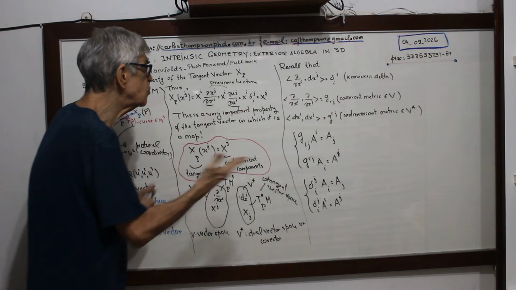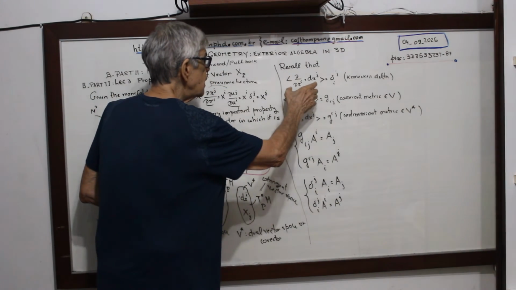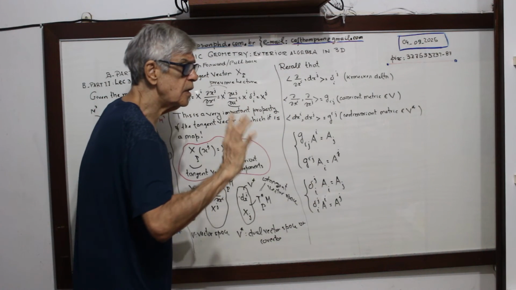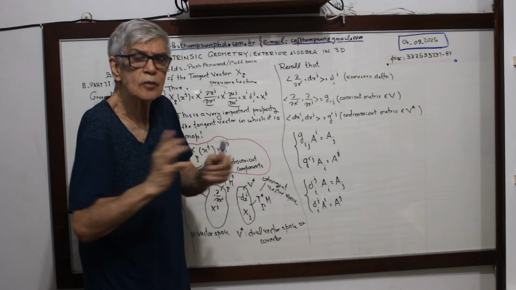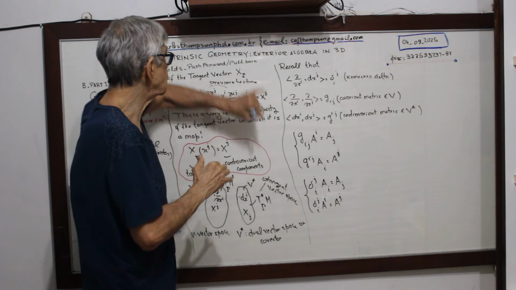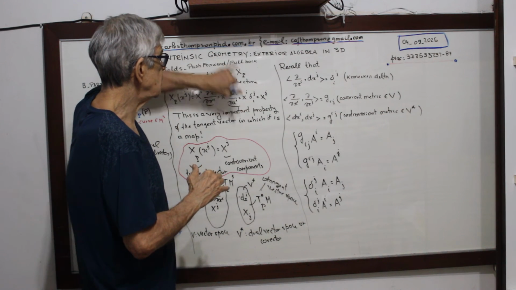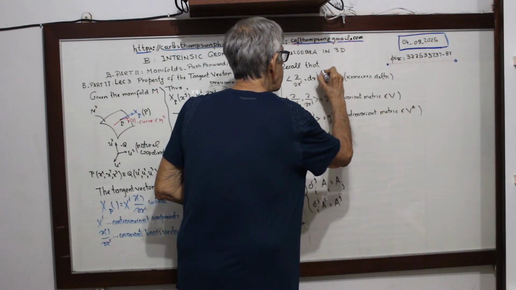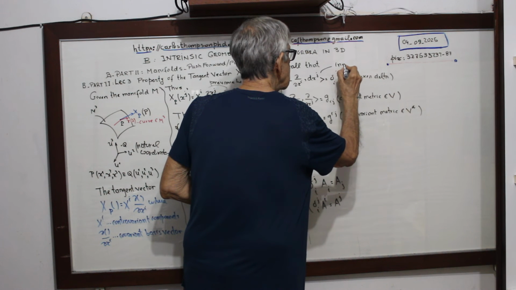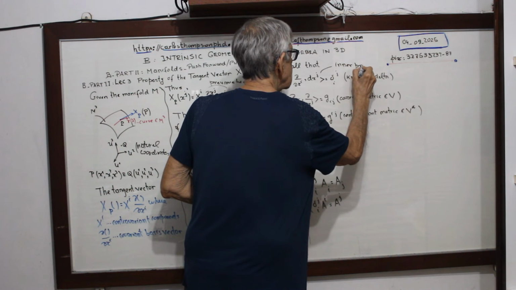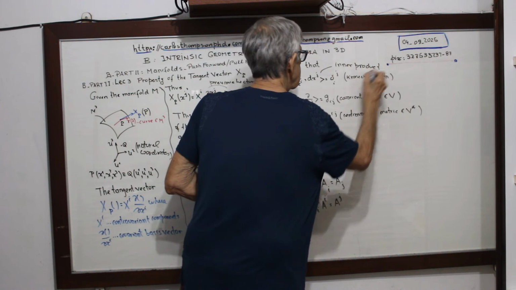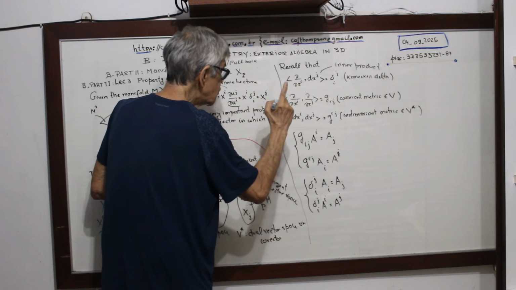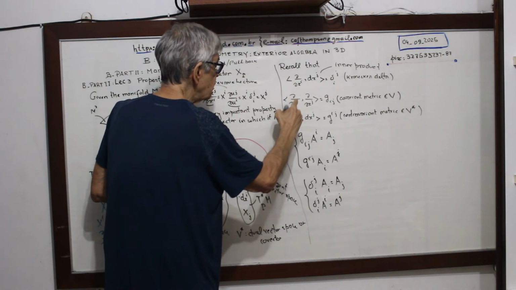Now, just to recall the inner product. Attention here: there is no dot product when you talk about intrinsic geometry. This is the inner product. The inner product is delta ij. Now, attention: that's a property.